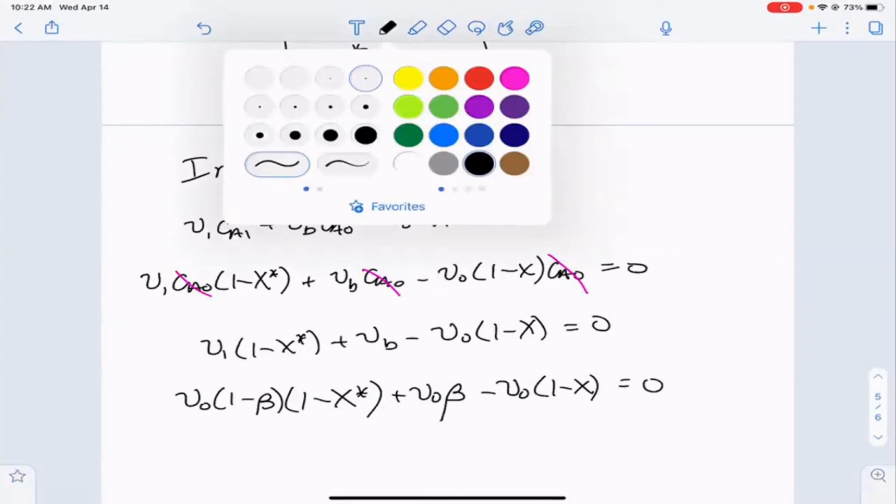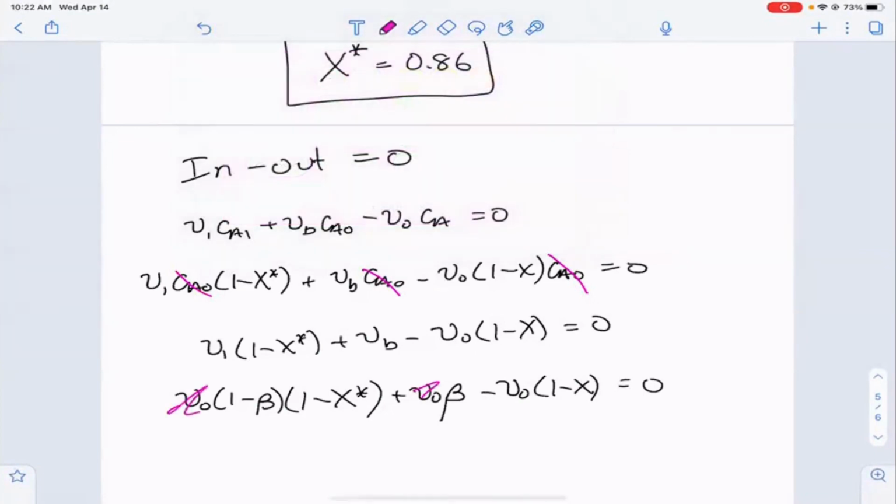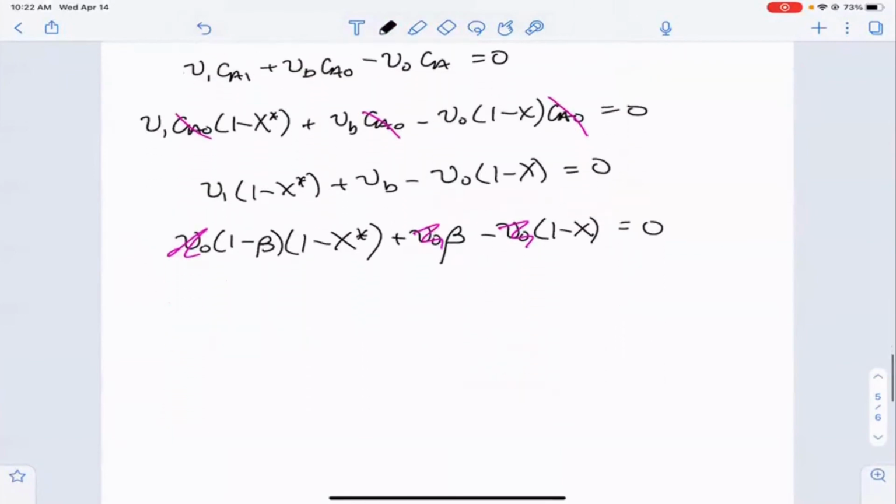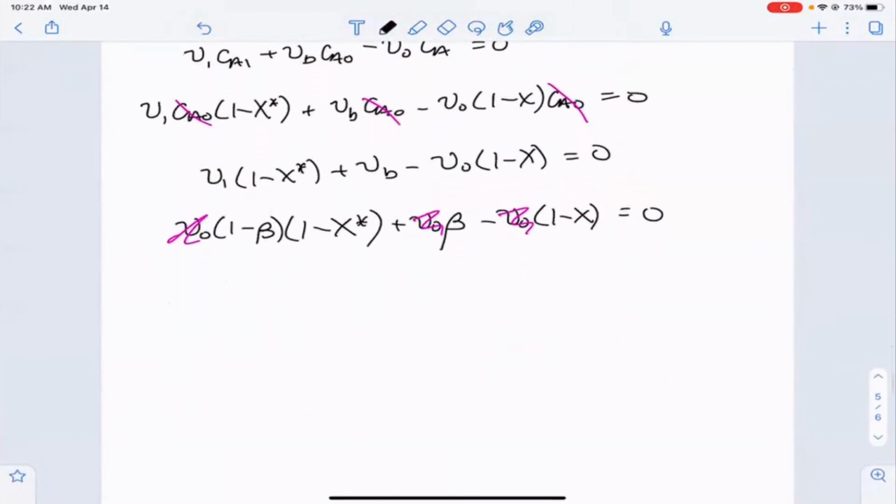And now again, all these V0s are going to cancel. So those V0s all go away. And we're left then with this expression where 1 minus beta times 1 minus X star plus beta minus 1 plus X equals 0. And I just distributed the negative into here.